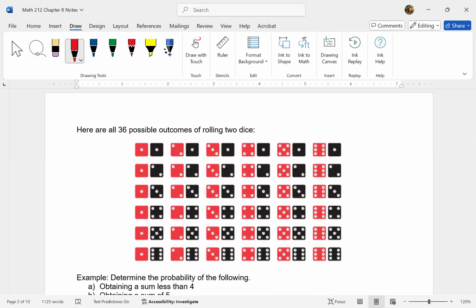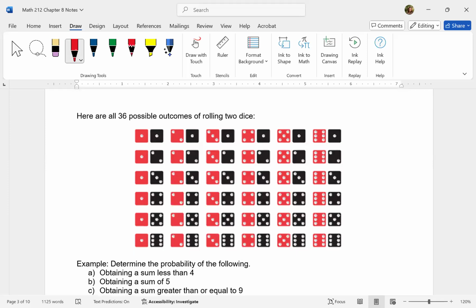If you look along the diagonal, they're all the doubles: 1, 1, 2, 2, 3, 3, 4, 4. But the other diagonal, those all add up to 7. It's a nice way to see patterns in the dice.